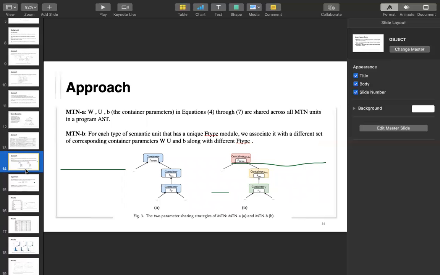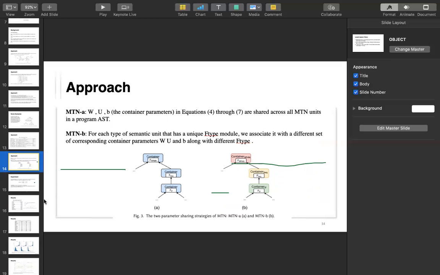The first type is they use the same W, U, and B parameters across all the units. And the second type is that they use different parameters with different types of units designed.